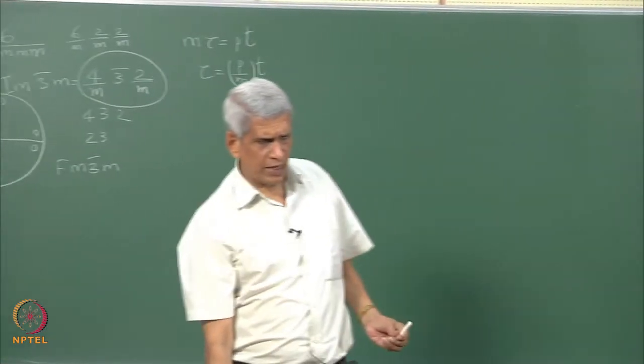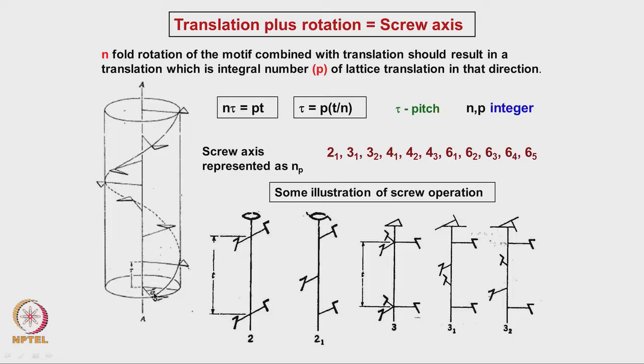If p turns out to be 1, like in this specific case which is shown here, it has a 6-fold symmetry. It is rotated by 60 degrees and then translated by 1/6. Then after a complete 360 degree rotation, at the next lattice point it comes back to an identical position, correct? That is what is happening. But there are cases where it may not come back to an identical position after one rotation, maybe after 2 rotations it can.